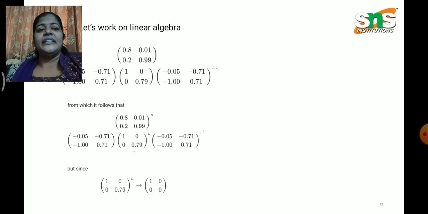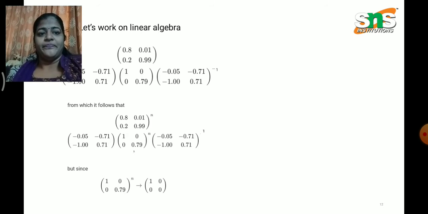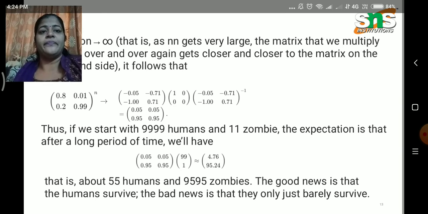Let us work with linear algebra. We have taken the same matrix and we put the solution in terms of A inverse, that is the form A power n, and this matrix to the power n. So we get 1, 0, 0, 0.79 whole power n, which implies 1, 0, 0, 0.